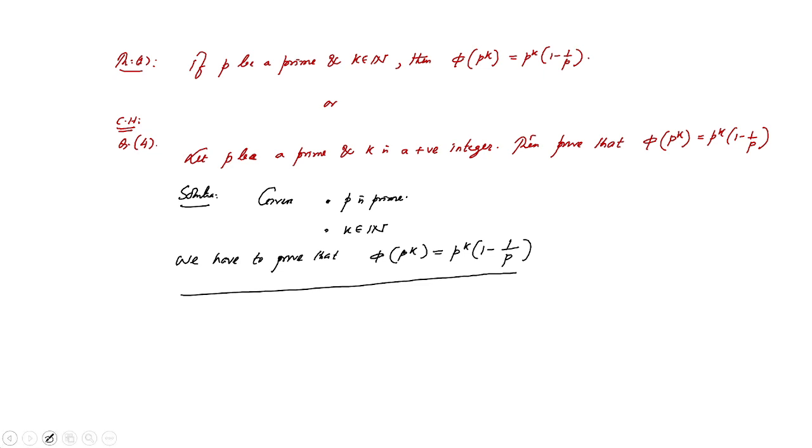Now, we need to think about the number of positive integers less than or equal to p to the power k and prime to p to the power k.